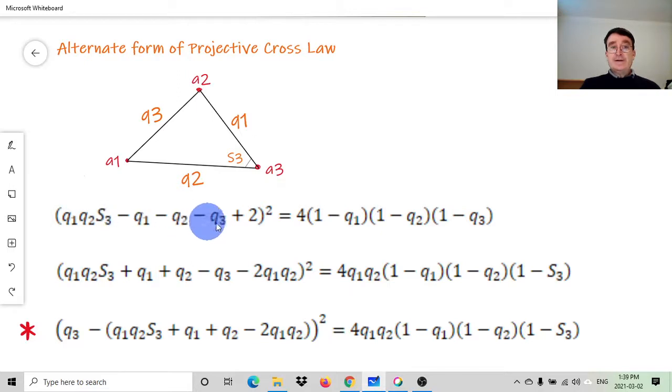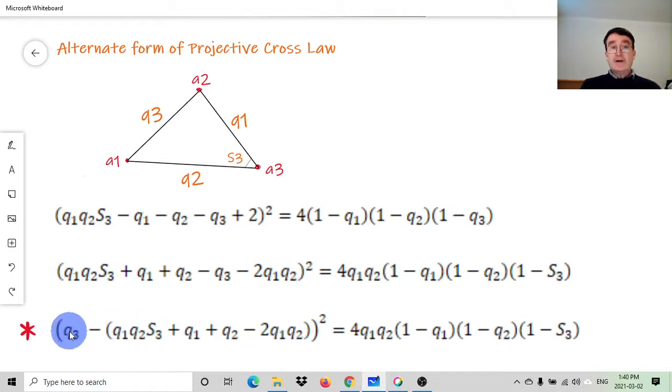So right here, this is the cross law, the projective cross law. What we need to do is put it into an alternate form, and here are our two alternate forms of the projective cross law. This form here is a quadratic equation in Q3, in the form where you've completed the square.